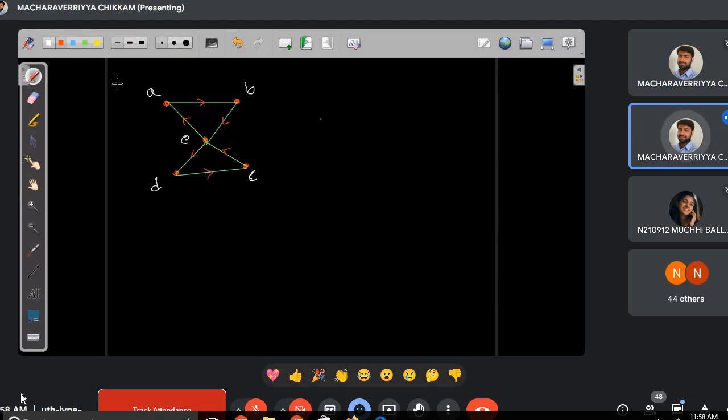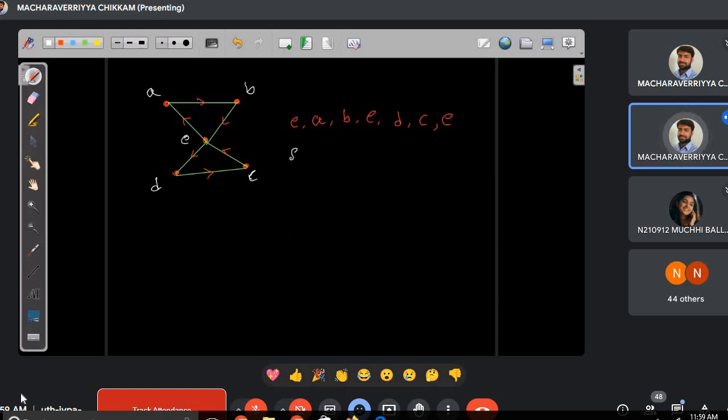So you can see the simple circuit, that is A, B, E, D, C, E. The condition is you are not allowed to repeat the edge, but you can repeat the vertex. There is no condition on vertex. Here the edge is not repeated if you observe.